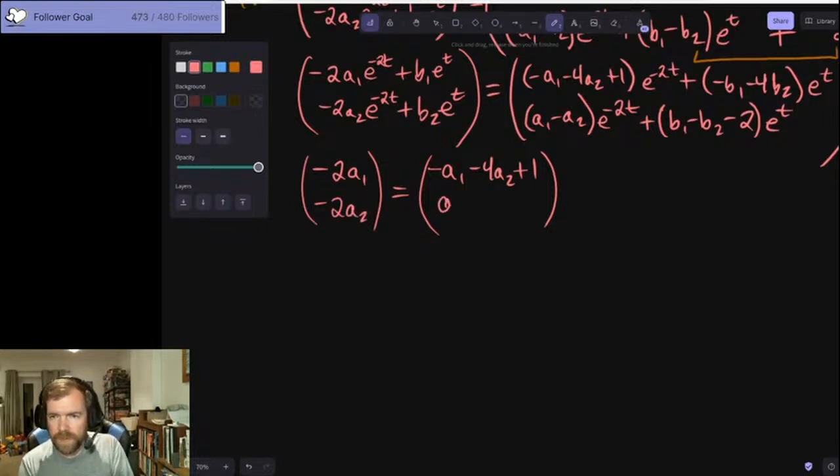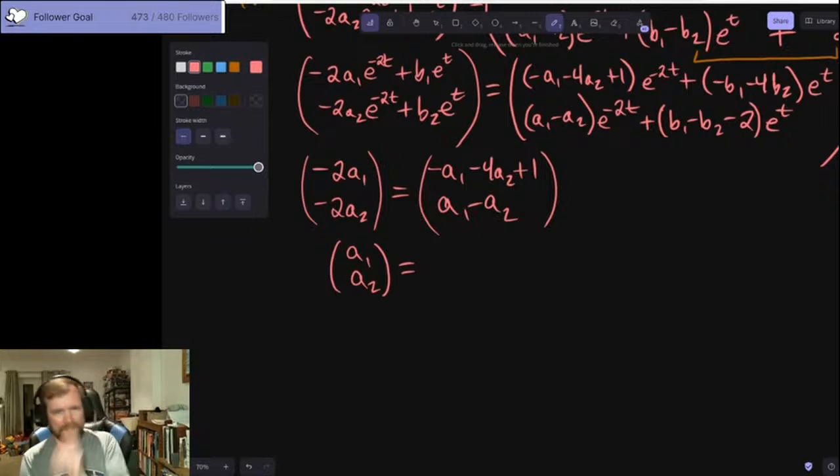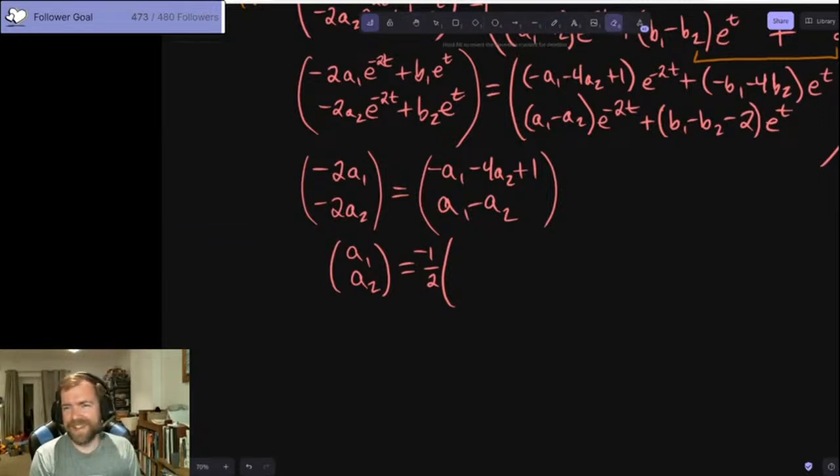Negative 2A2 is going to be A1 minus A2. Goodness, A1, A2, I do the same thing. The struggle is real. We're going to multiply everything by negative a half and clear out the constant. So I'll stick the negative a half out front for now. It may be wise to actually combine stuff.